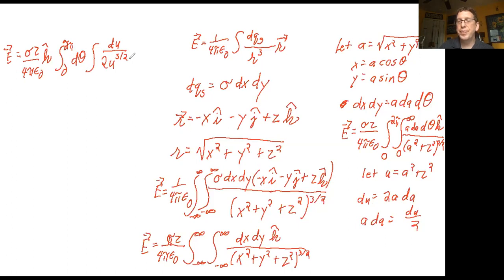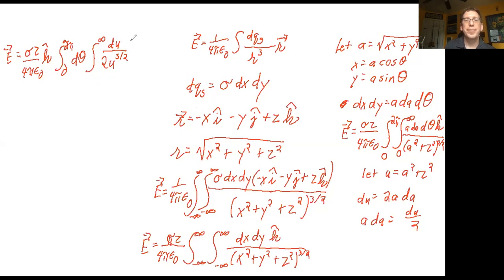When a is equal to 0, u is equal to z squared. So you're integrating from z squared, and when a goes to infinity, u goes to infinity.